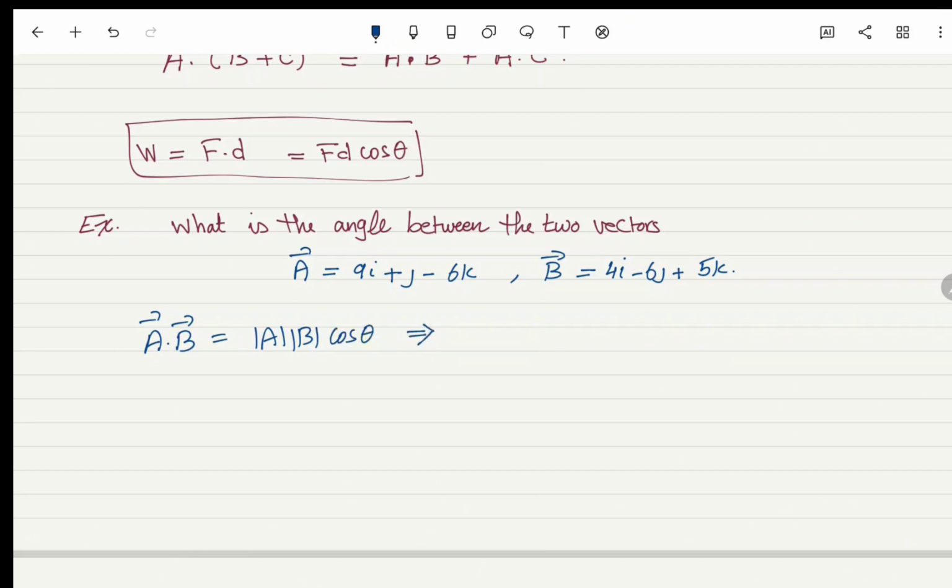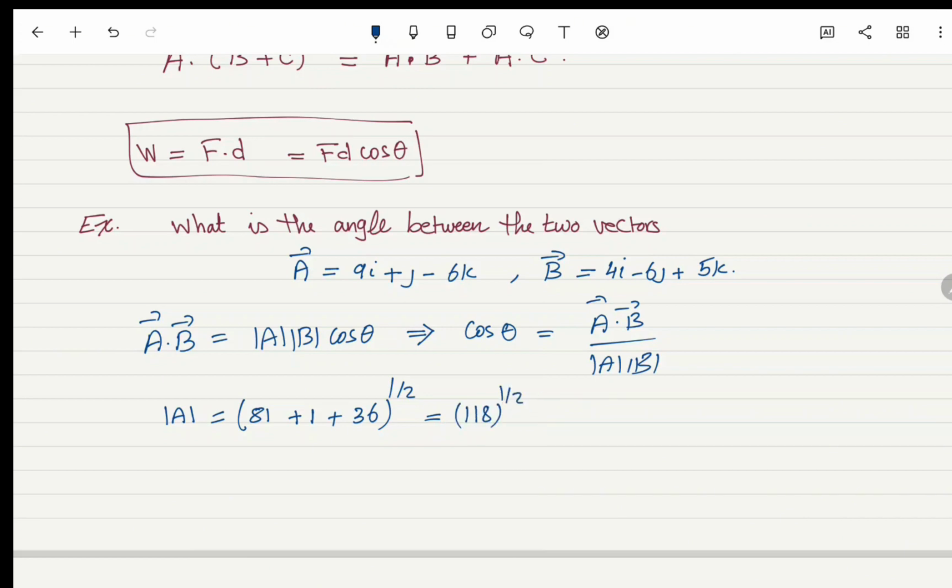Now from this one here, cosine theta is equal to A dot B divided by magnitude of A, magnitude of B. Now let's find magnitude of A, which is equal to 9 squared, it's 81, plus 1 plus 6 squared is 36, all to the power half, or in other words, square root of 118.